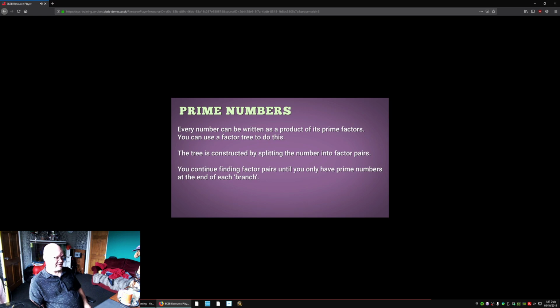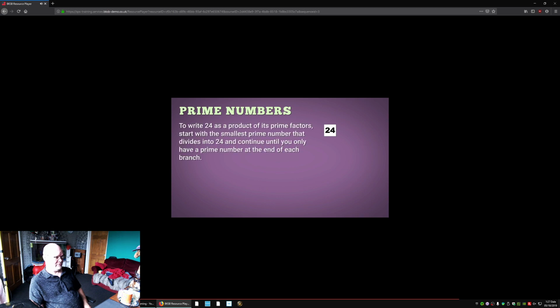You can continue finding factor pairs until you only have prime numbers at the end of each branch. I don't understand why. To write 24 as a product of its prime factors, start with the smallest prime number that divides into 24 and continue only until you have a prime number at the end of each branch.